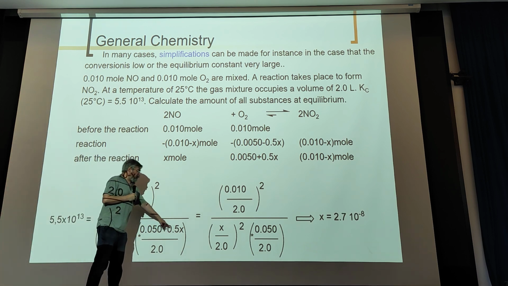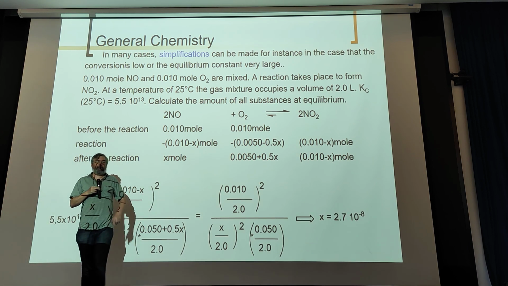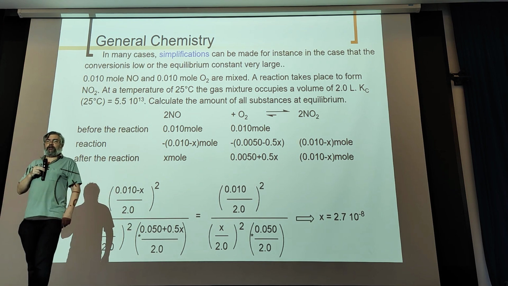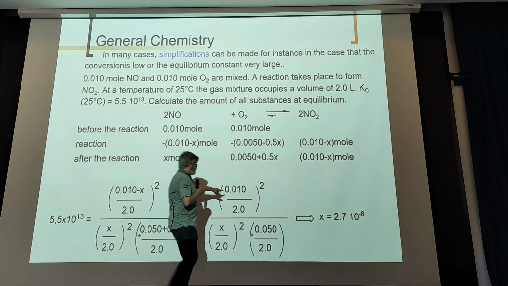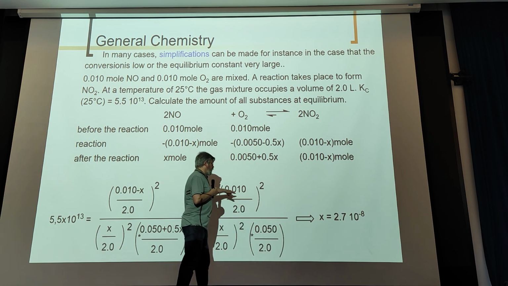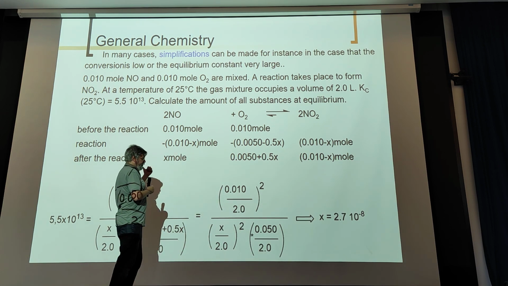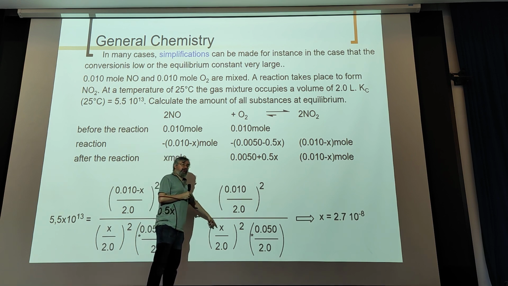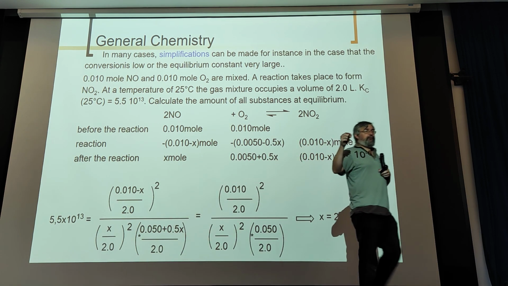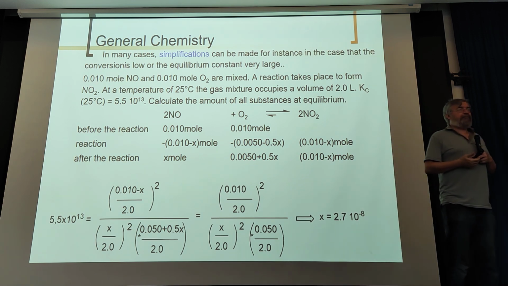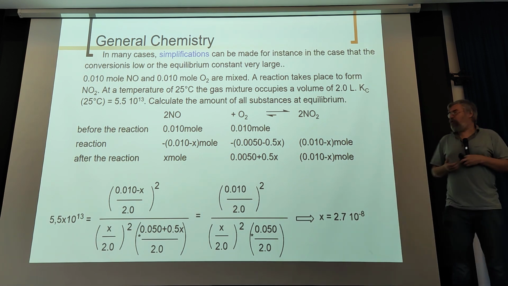But also we know that half an x will be small compared to 5 millimole. So we also drop that. So then these become simple figures, which we can move to the other side. And now we just have to take the square root of all the rest. So it becomes very simple.